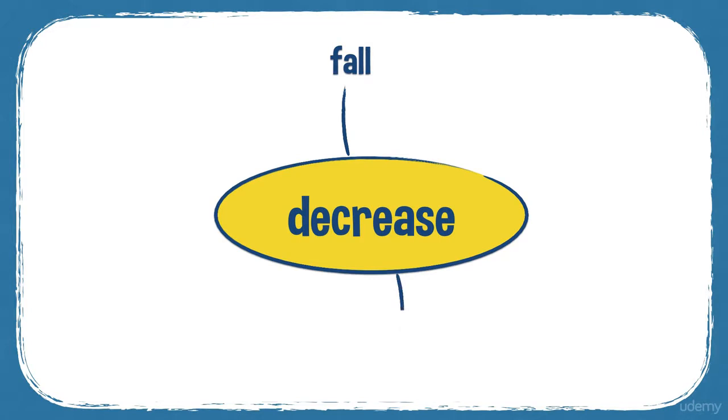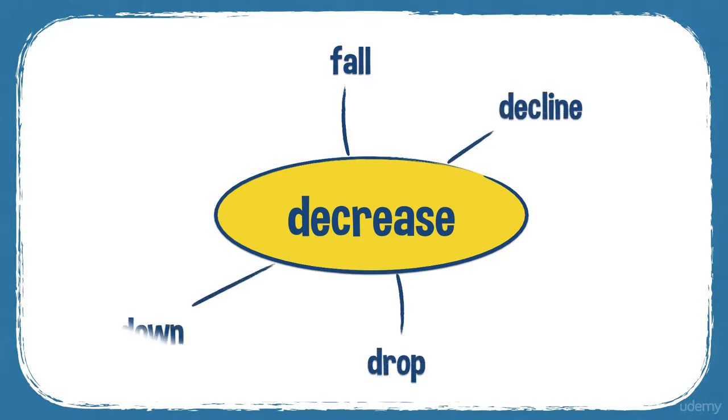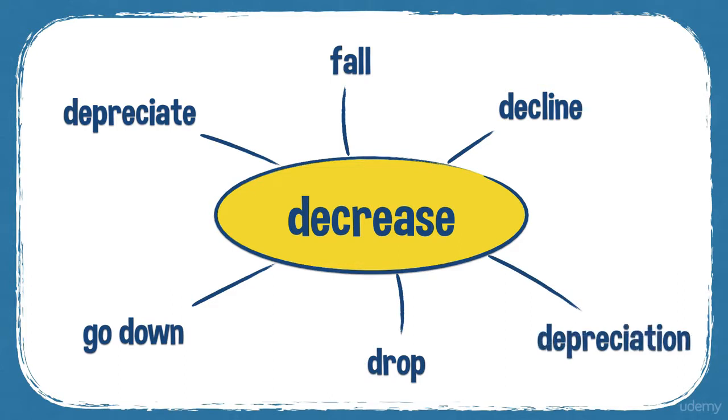Some synonyms for decrease: fall and drop, decline, go down, depreciate. That's a good word, depreciate. Numbers depreciated by about 30. Means they decreased by about 30. And depreciation is the noun form for depreciate.